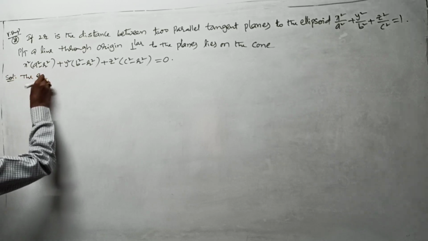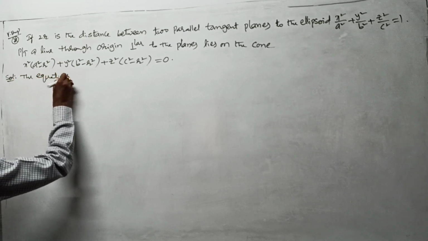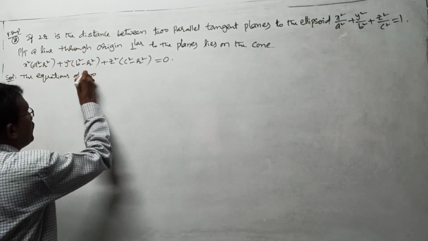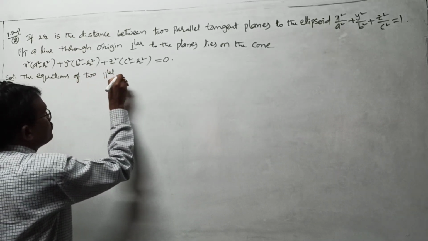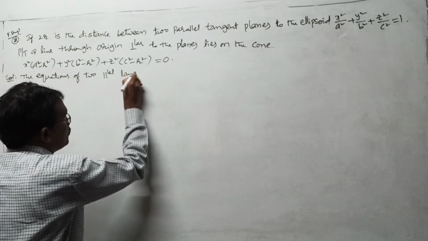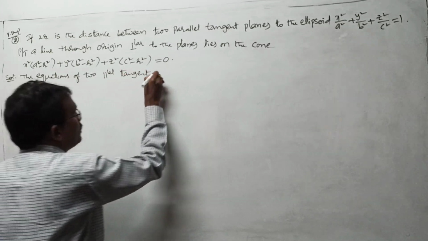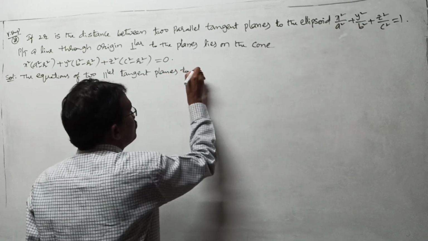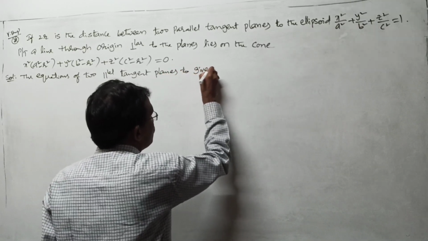The equations of two parallel tangent planes to the given conicoid.